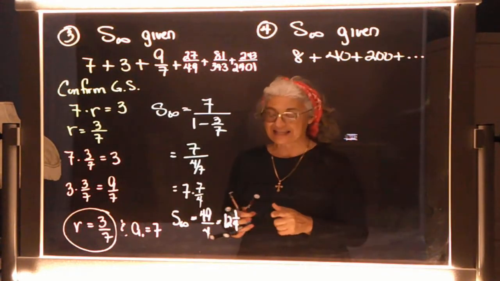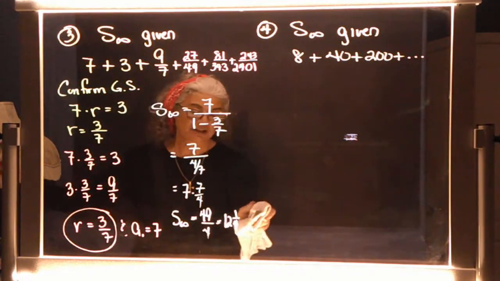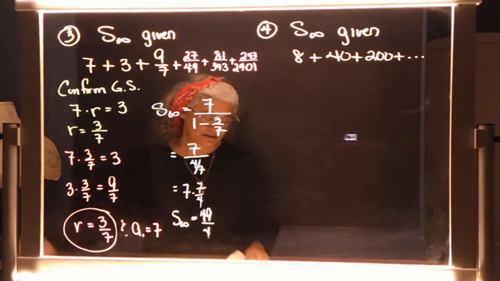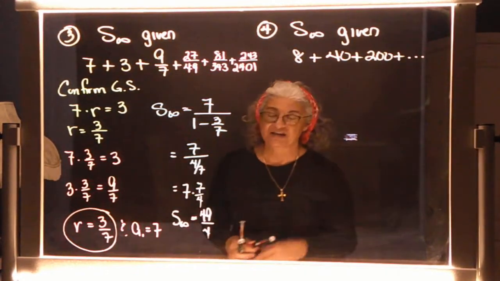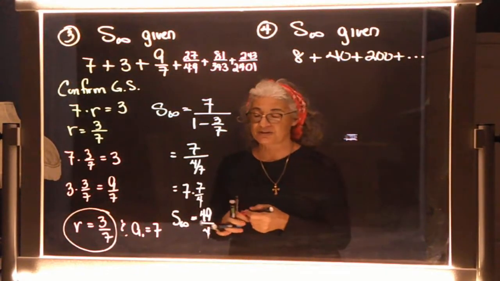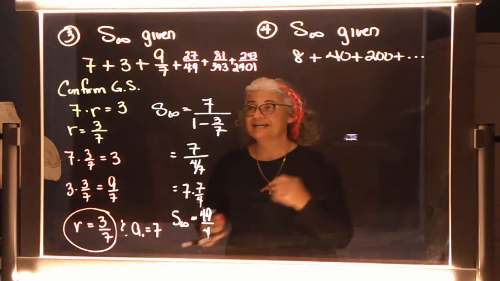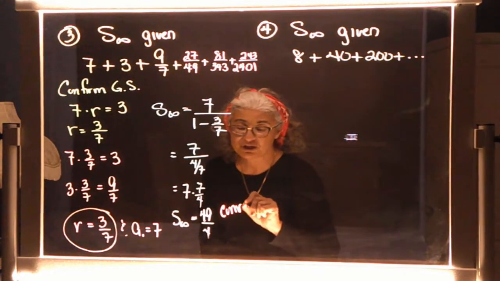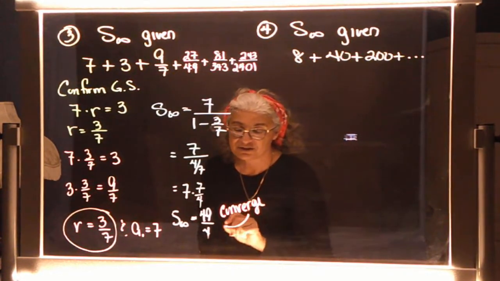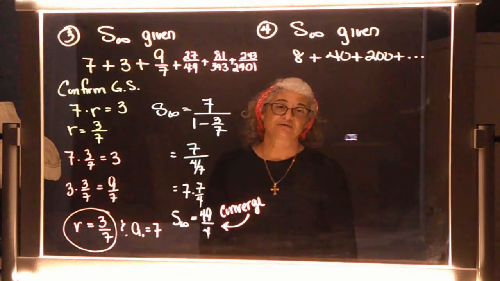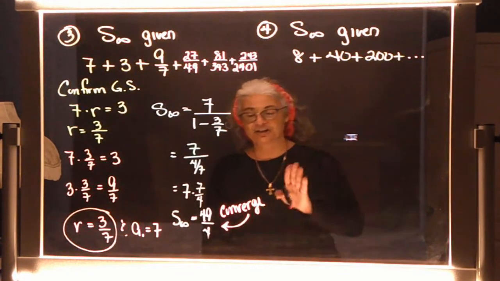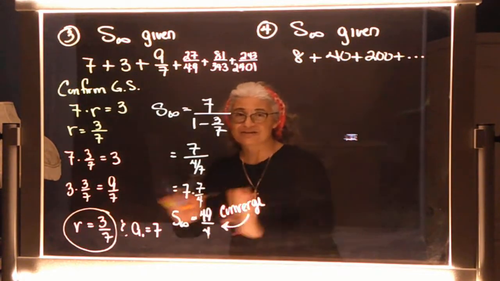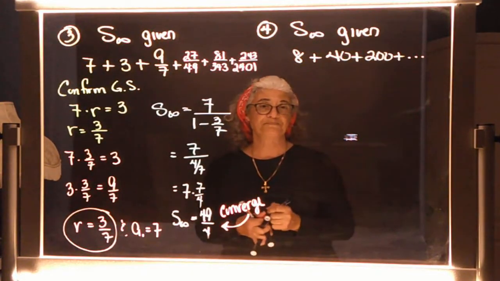What we say in this case, and I'm going to get rid of the 12 1/4 because I don't really need it, I just wanted to show you what that answer looked like, is that the sum of this infinite sequence is going to converge to the 49 over 4 or 12 1/4. It's not going to be exactly that, but that's where it's going. Cool?